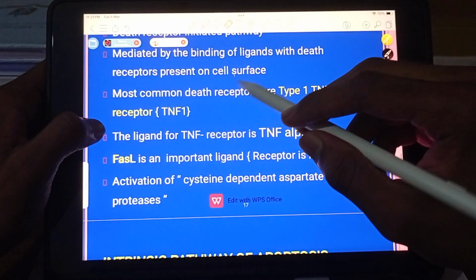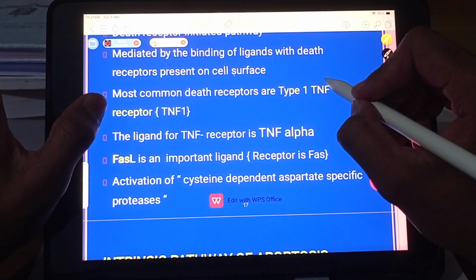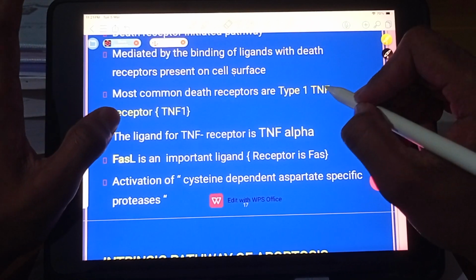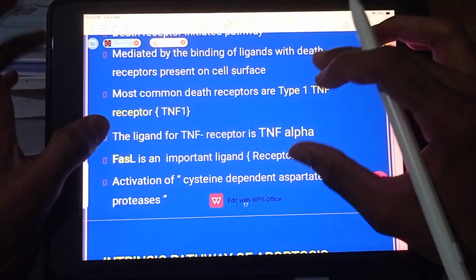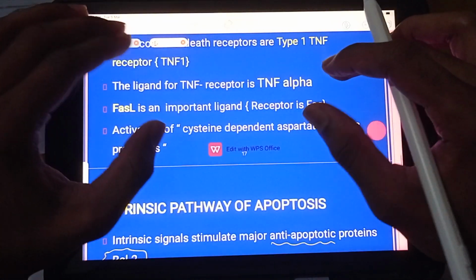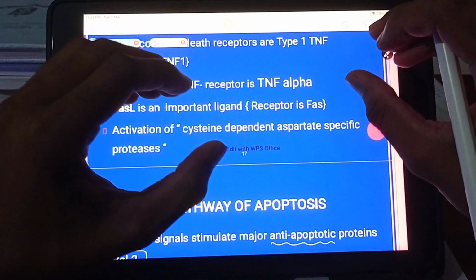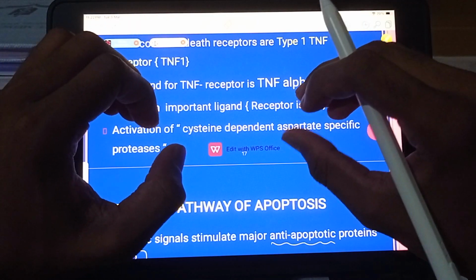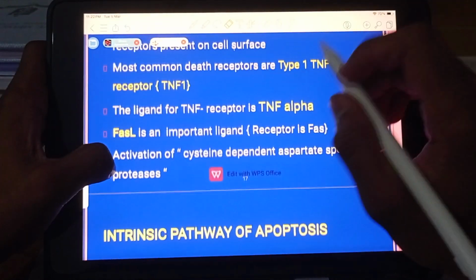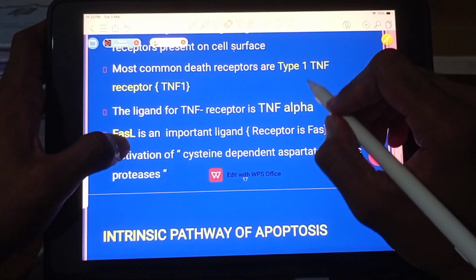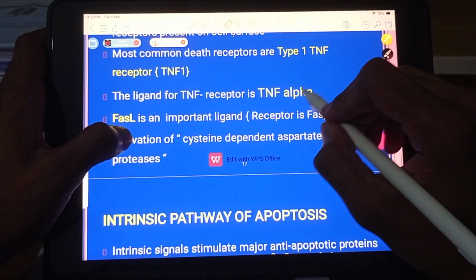Most of the death receptors are tumor necrosis factor type 1 receptor. This is the death receptor present on the cell membrane, and the death ligand which comes and binds the death receptor is TNF alpha. Okay, I told that TNF alpha. This is the TNF1 receptor, for this the ligand is TNF alpha.